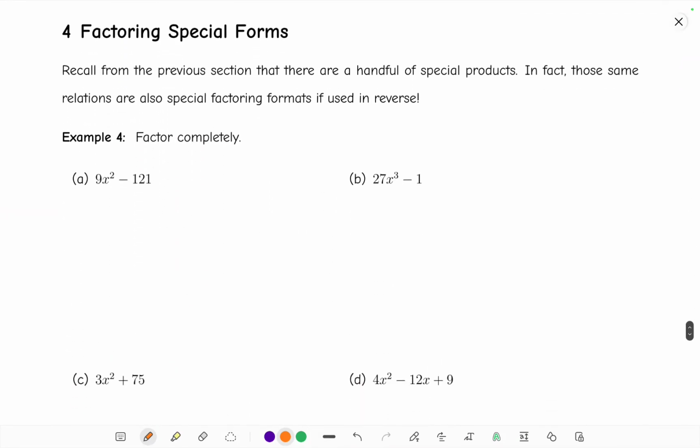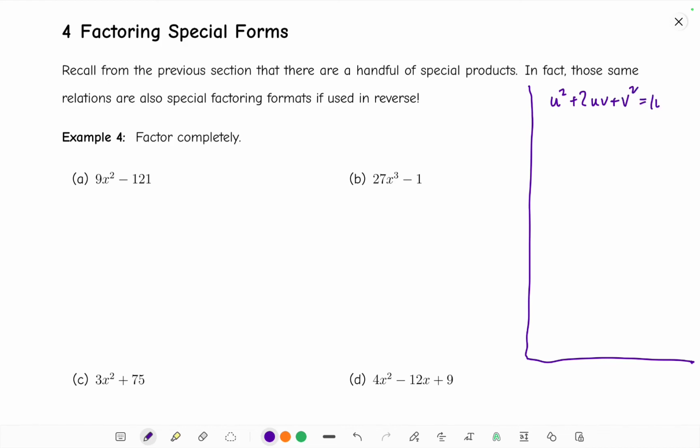4. Factoring special forms. Recall from the previous section that there are a handful of special products. In fact, those same relations are also special factoring formats if used in reverse. So actually, let's write those out. The first one was the square of a binomial, and that was when we had u squared plus 2uv plus v squared.